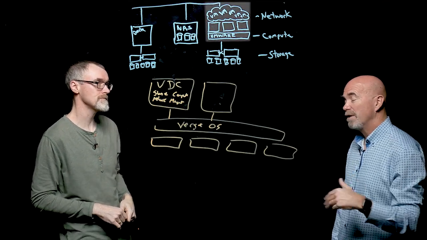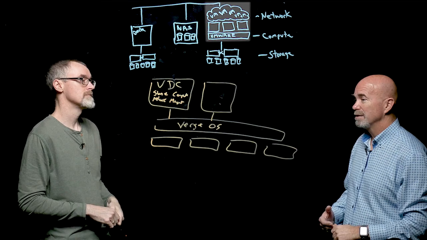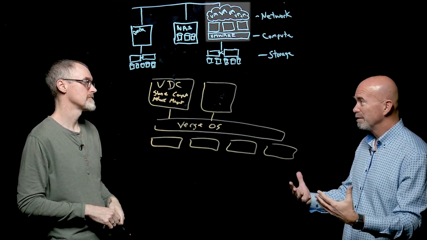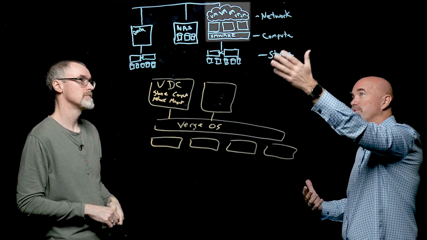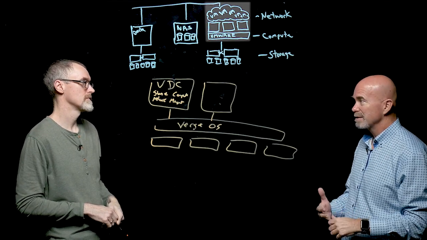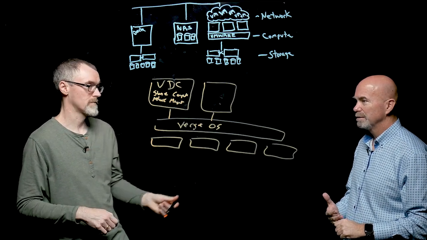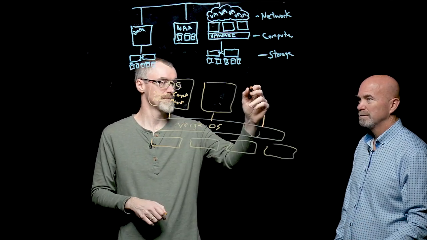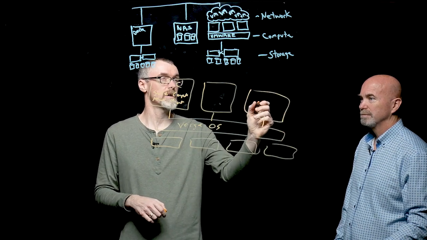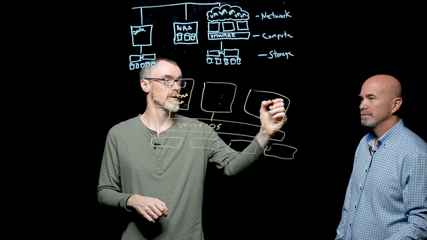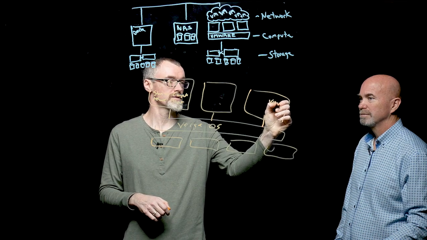So I've got this VMware environment. We've already mentioned that we have our own hypervisor and everything. How do I pull my VMware environment into this? Is it pretty easy to migrate the virtual machines in? Very, very simple. I'm going to spin up my next virtual data center, and inside of here we have a VMware service.